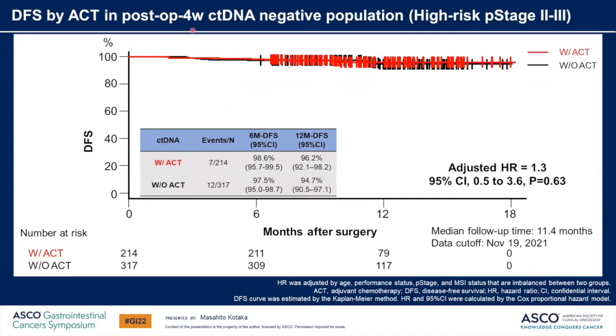These are all patients that were ctDNA negative after surgery, and this is stage 2 and 3, so high risk 2 and 3. And then asking the question, is there any evidence of better outcome in those patients who were treated with chemotherapy versus those that didn't with adjuvant with a negative ctDNA?